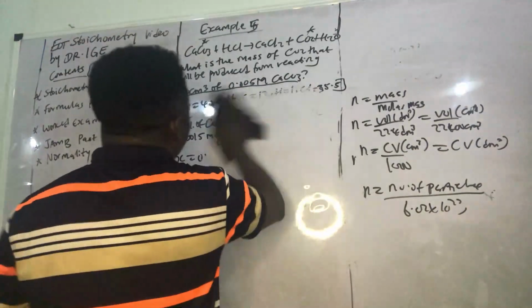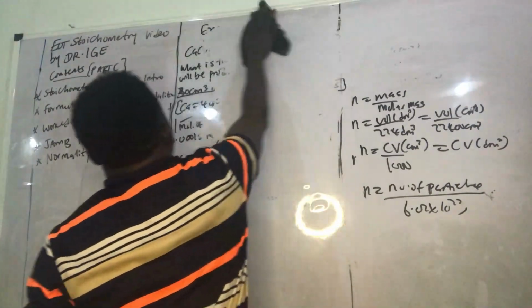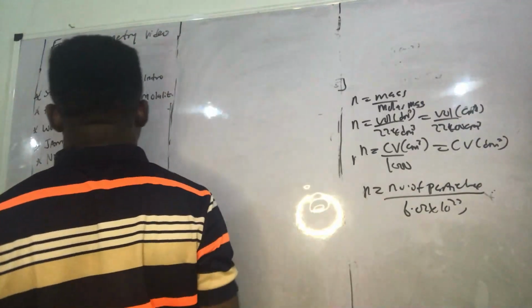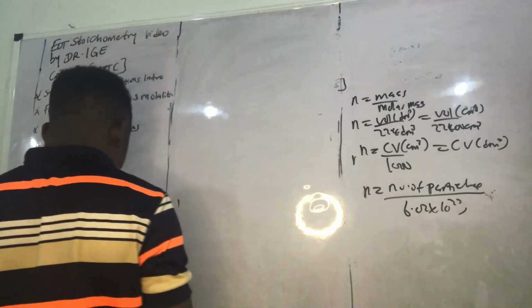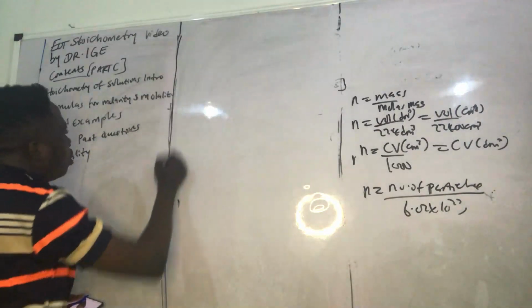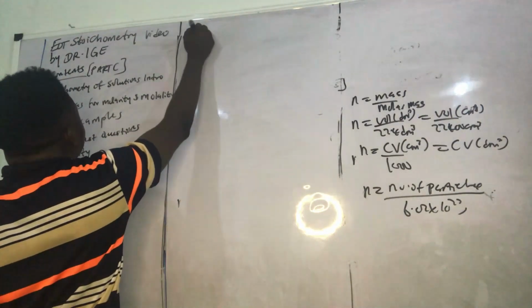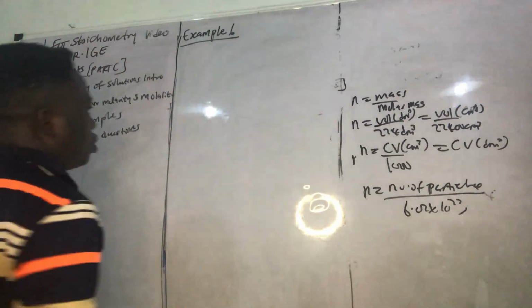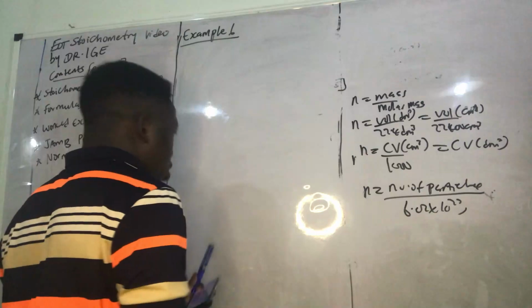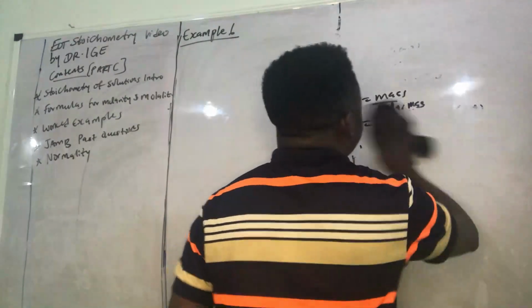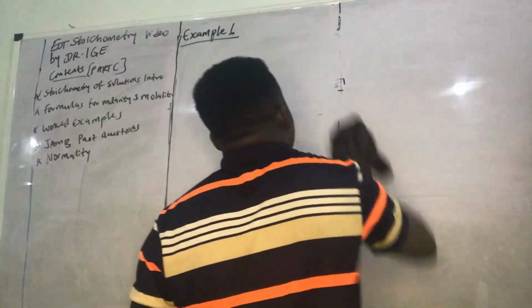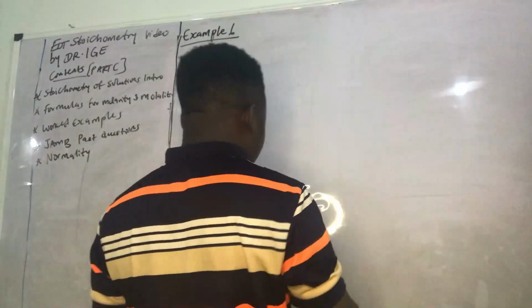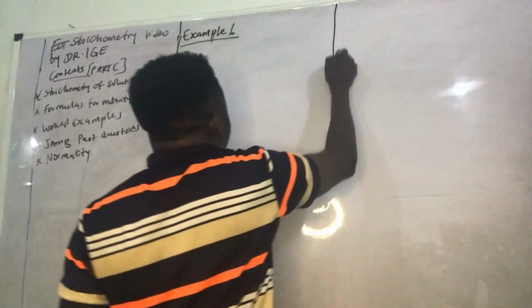Okay, so that was number 5. Let's go for example 6.